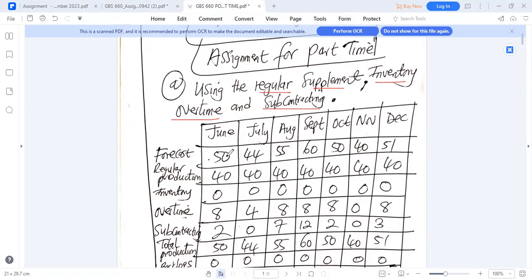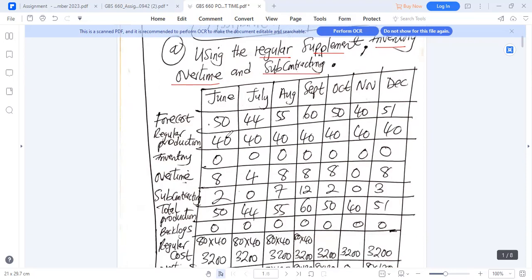Now, here we are under pressure to meet the demand by 10 units because we are producing 40. Our demand is 50. So here we are under pressure to produce 10 units, so we can go for overtime 8 because overtime was cheaper.